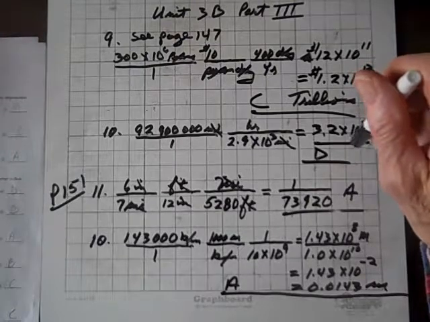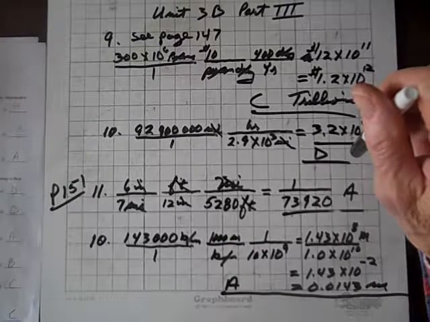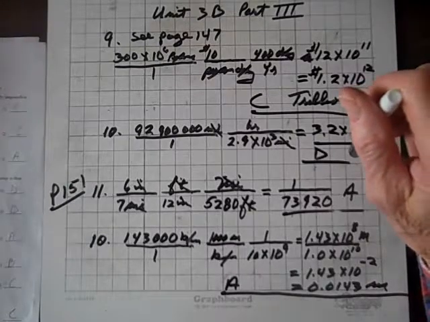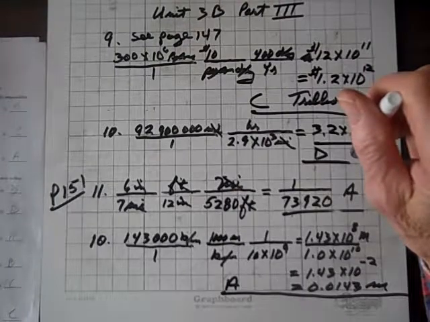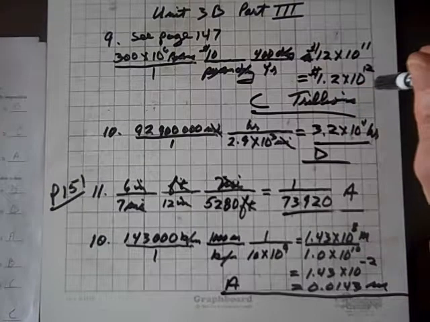For number 10, oh, I see. The distance from the Earth to the Sun is quite large, and how long would it take a rocket traveling at a given speed to reach the Sun?